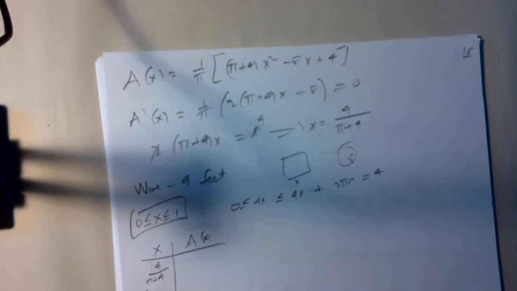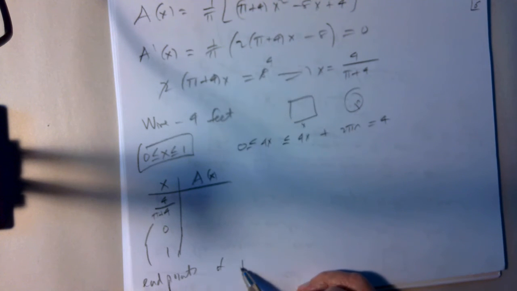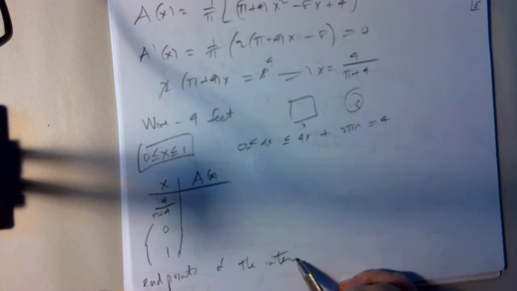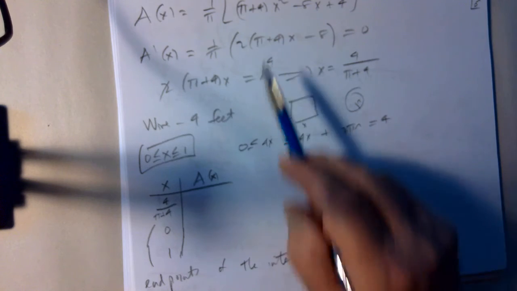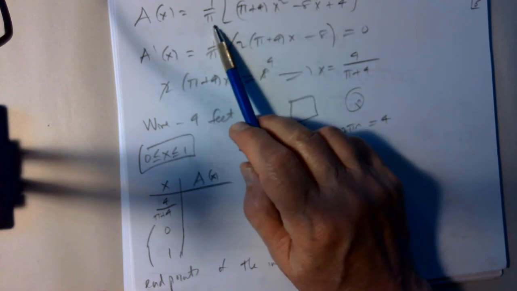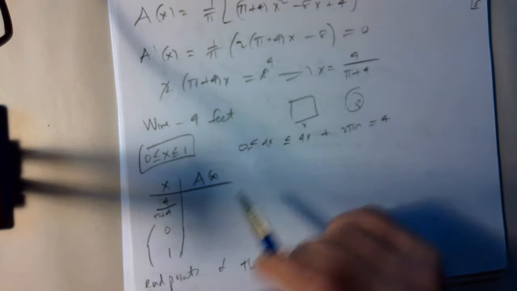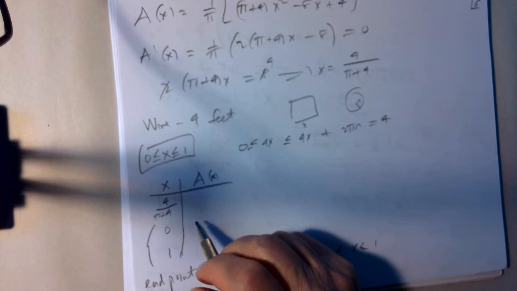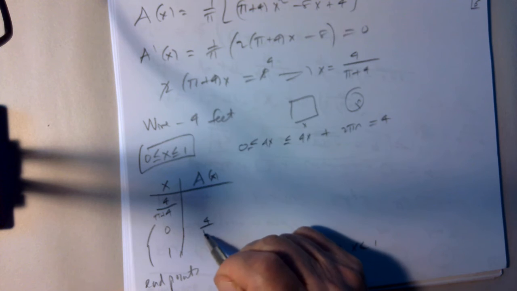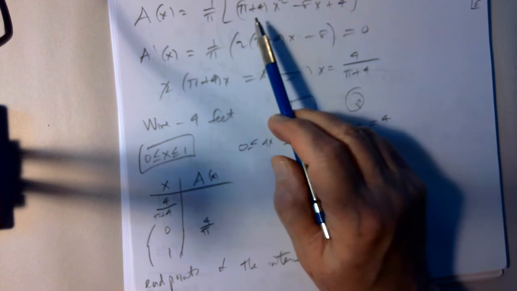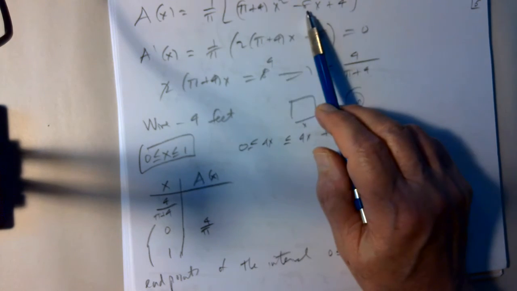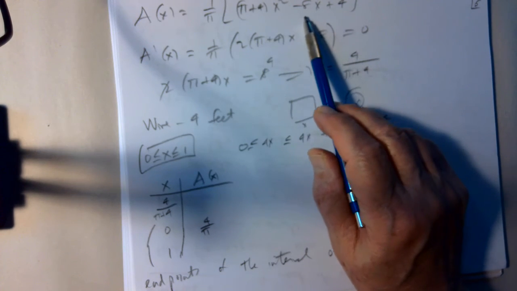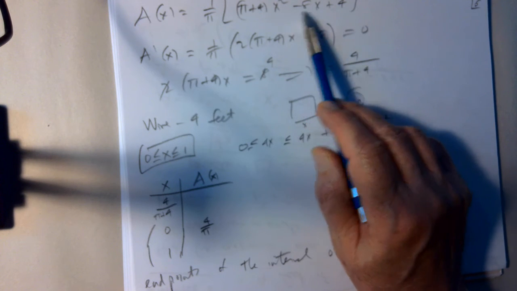So when you let x equal 0, that's just the easiest thing to calculate. You get 4 over pi. When you let x equal 1, you get pi plus 4 minus 8 plus 4.